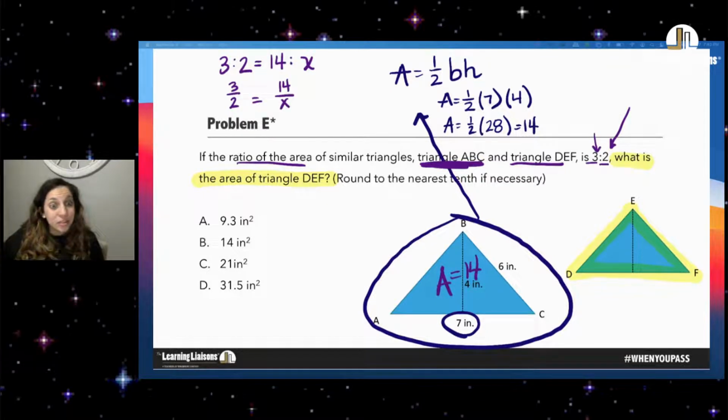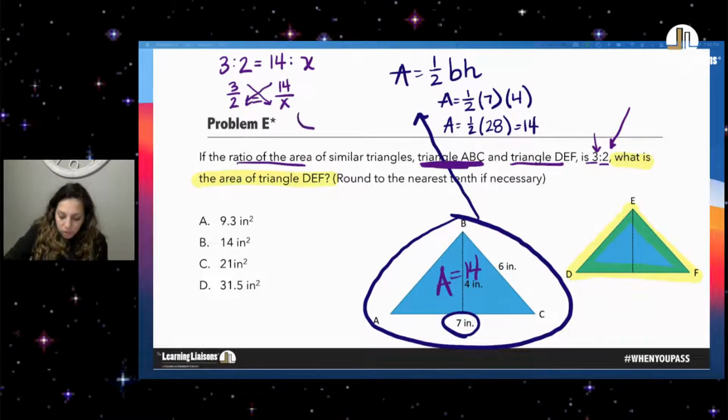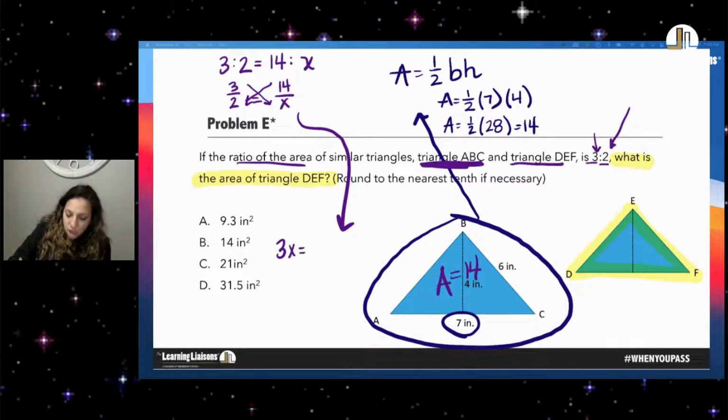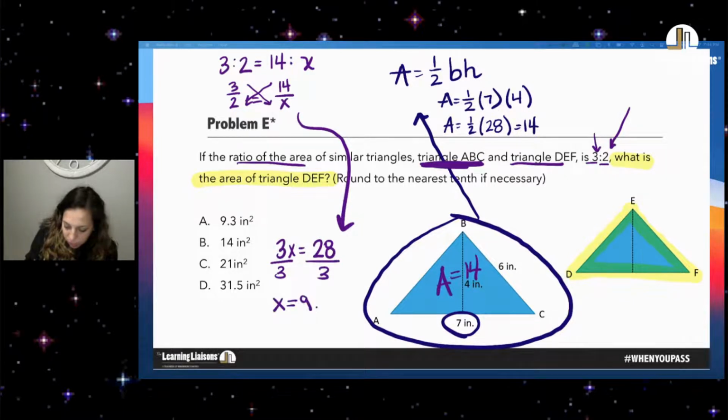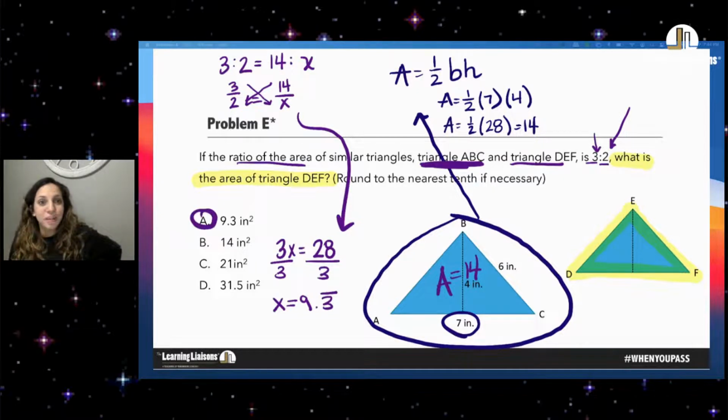And now I can just cross multiply: 3 times x, 14 times 2. 3 times x is 3x. 14 times 2 is 28. And to solve for x, I'm going to divide both sides by 3. And x is going to equal 9.3 repeating, which means A is our answer.